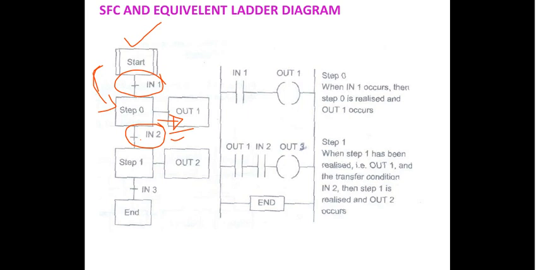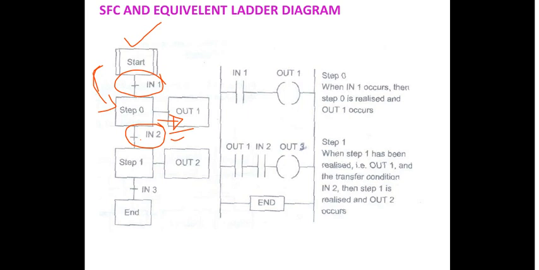Based on that, IN2 has resulted in one more action, which is indicated by step 1 here. In a similar way, this step 1 has resulted in one more output, which in my case is out 2.